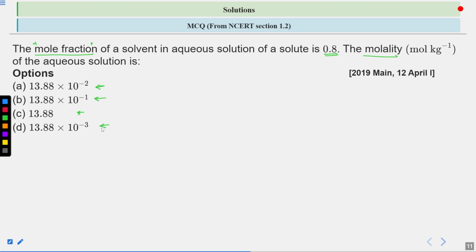So you have to tell the molality of the aqueous solution. You have four choices, so take some time, go through it, think about it, try to solve it, and then we will solve it together and see the correct answer.